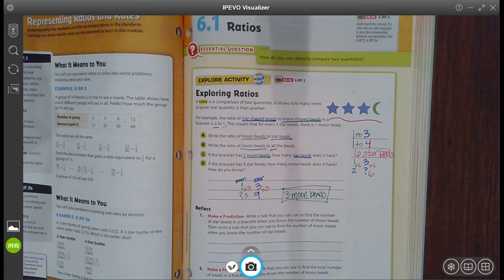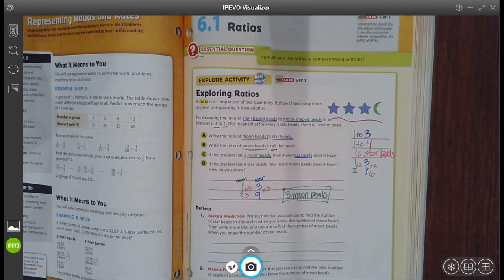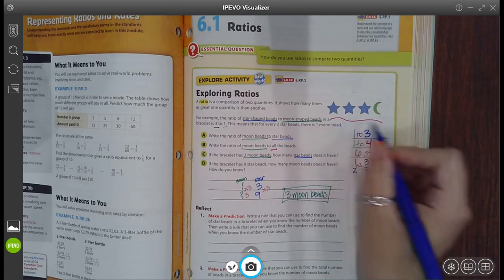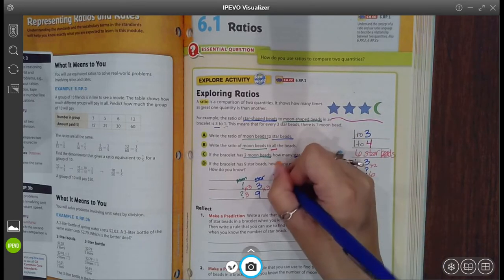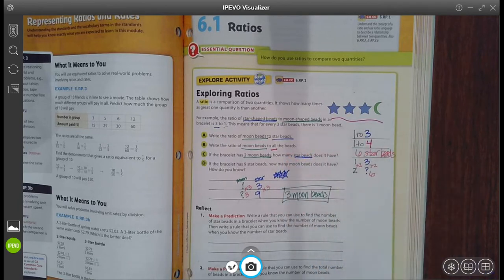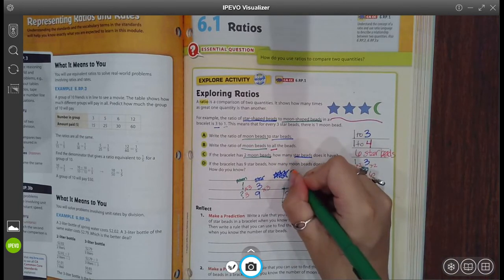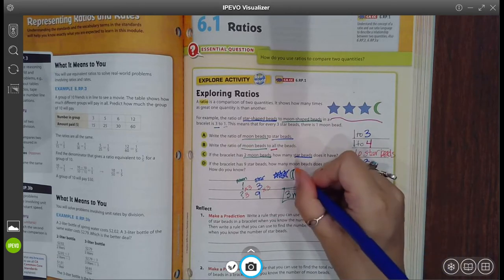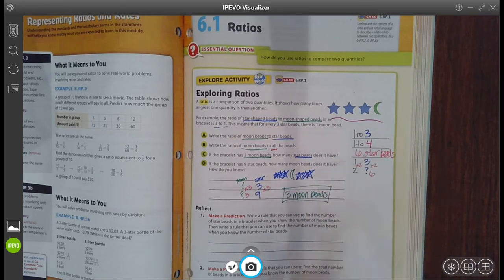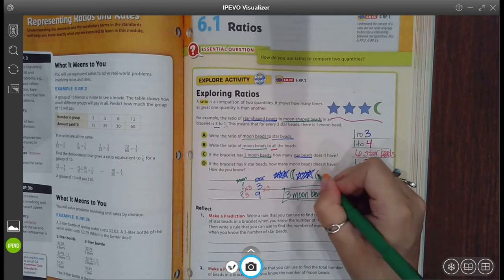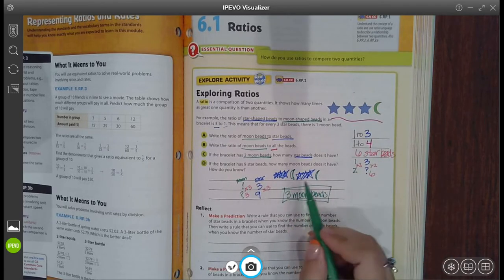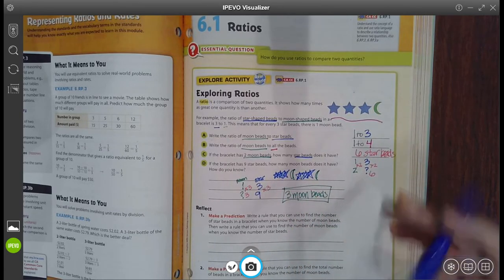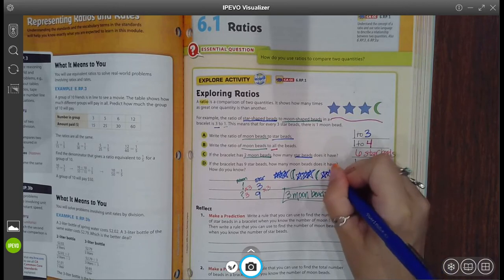And let's kind of draw a visual to see if that makes sense. Okay, so one little set of it has 1, 2, 3 stars and 1 moon. If I were to do another set, 1, 2, 3 stars and 1 moon. You're now at only 6 stars, so you need another set. 1, 2, 3.